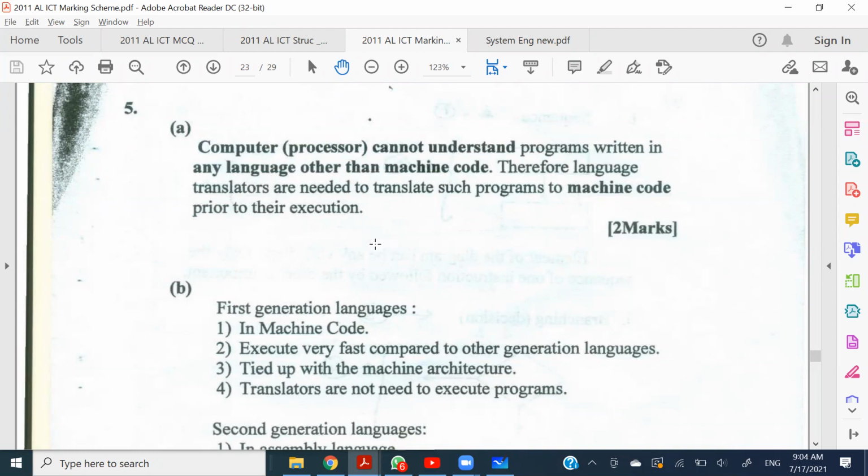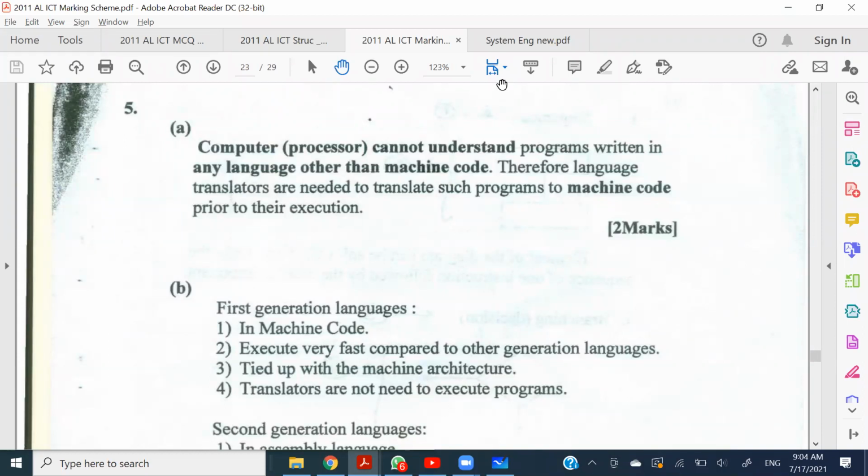That is where the translators come in, that is the purpose of the translators: translating high level languages into machine code. So 2 marks are given. If you got the idea, go for the 2 marks, right?